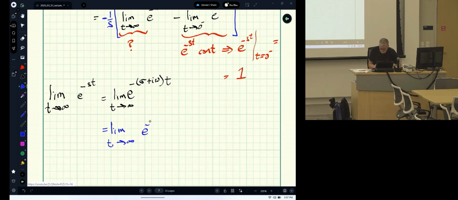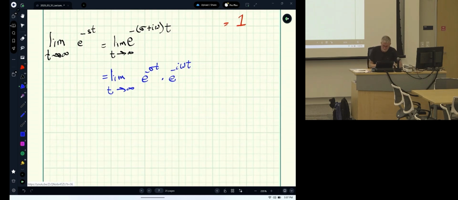So e to the minus sigma t, e to the minus I omega t. And once we've written something like this out a few times, we kind of quit too. So this becomes cosine of minus omega t, which is just cosine omega t, but I don't care.